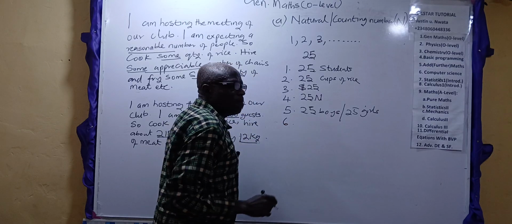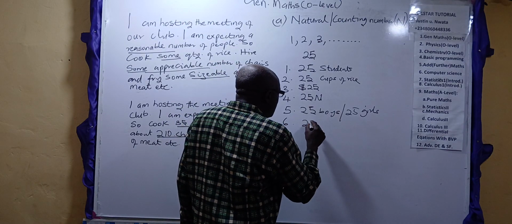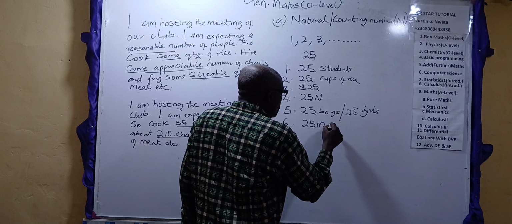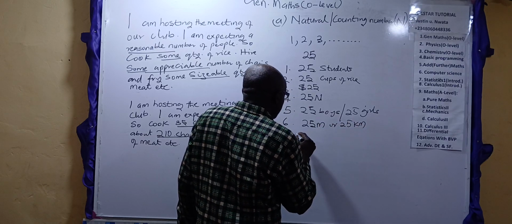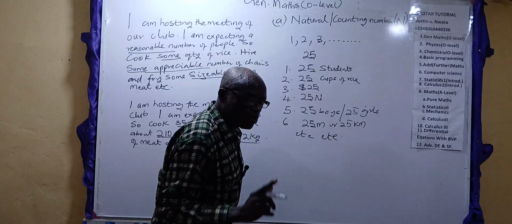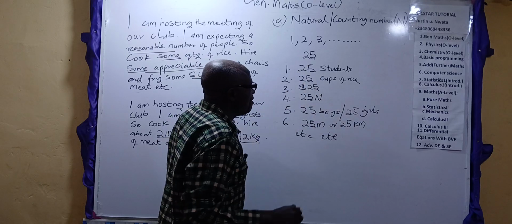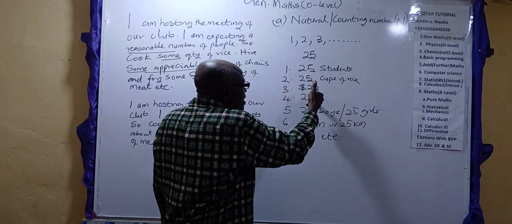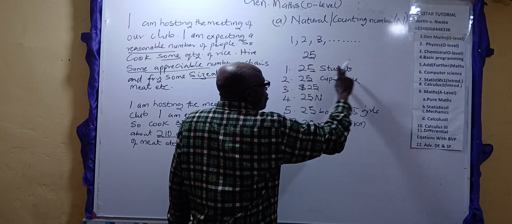6, the distance from one location to another is 25 meters or 25 kilometers, etc. Depending on what you are looking for, what you want to relate this 25 to, you can see the various purposes it serves us. Then you put the appropriate units to indicate what you mean. Here it's talking about number of people, students. Here it's talking about cost of rice.